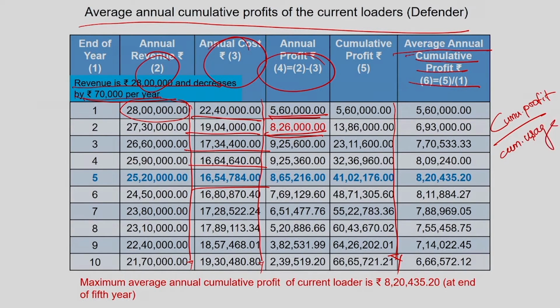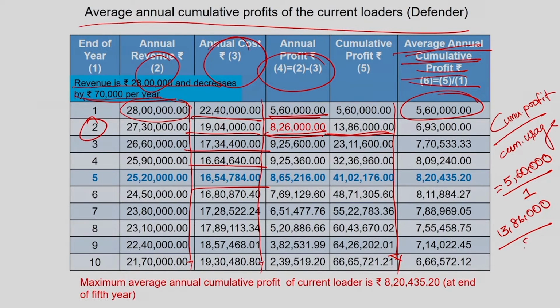For the first year the cumulative profit is 5 lakh 60,000, divided by year 1, that gives me the average annual cumulative profit for the first year. For the second year, the cumulative profit is 13 lakh 86,000 divided by the cumulative usage, which is 2 years. Now, you get the average annual cumulative profit as 6 lakh 93,000.